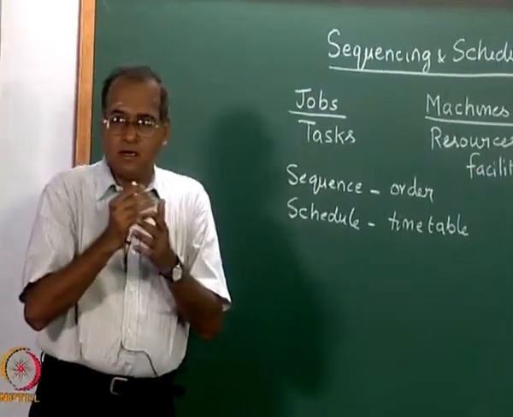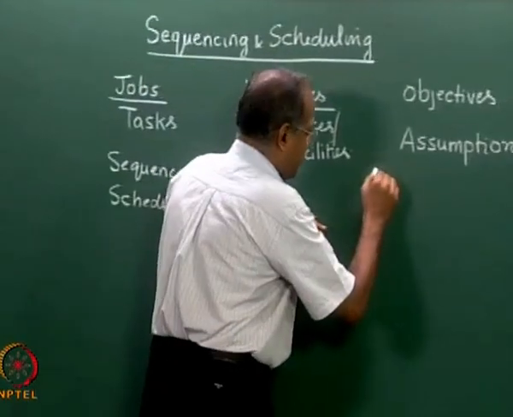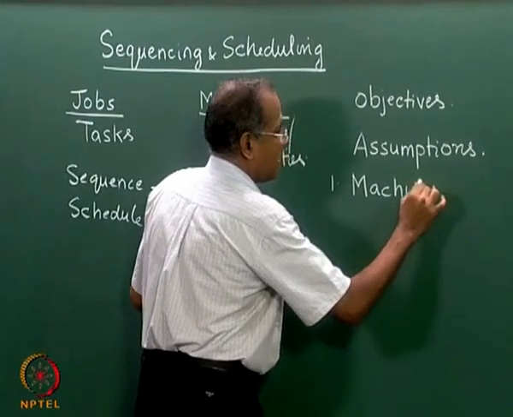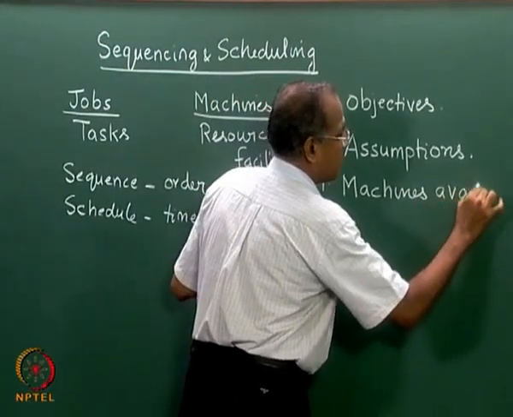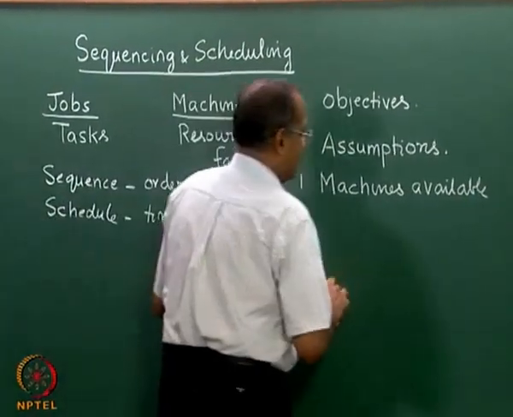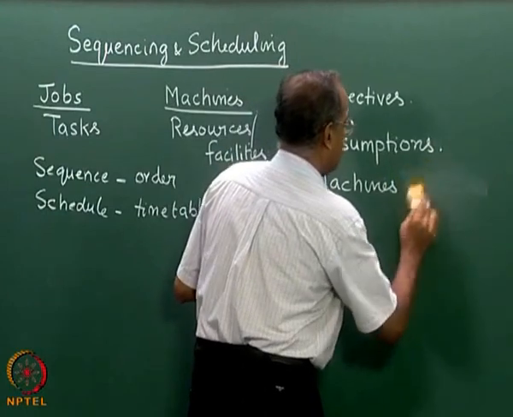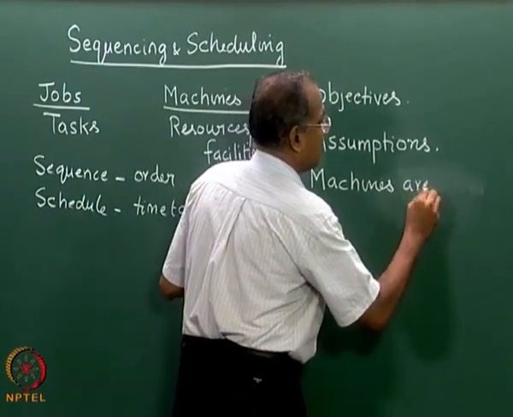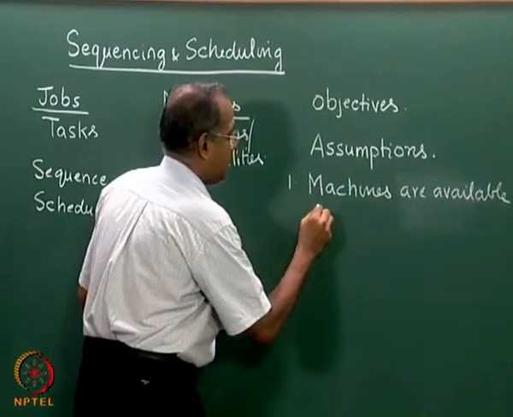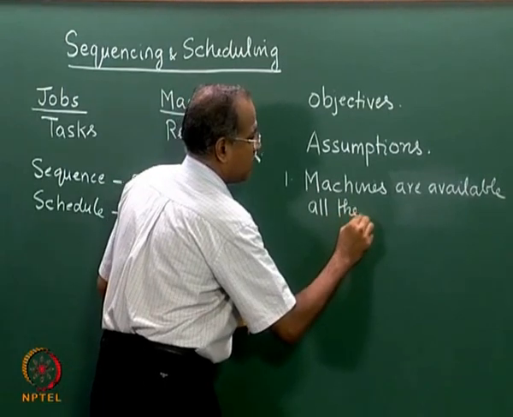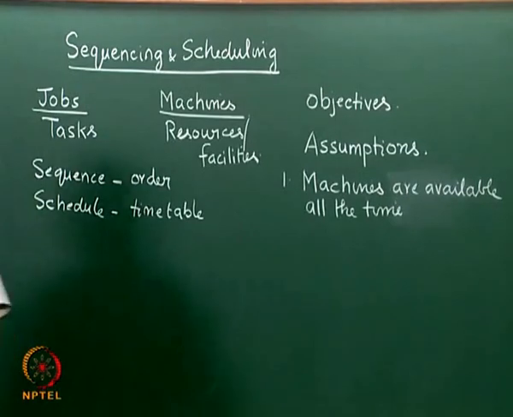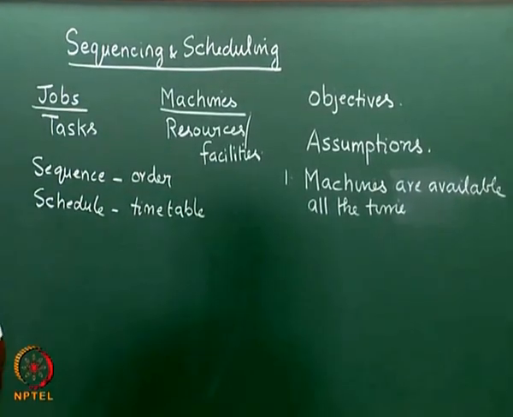The first assumption is that the given set of machines are all available continuously, all the time. There is no machine interruption or machine downtime or anything like that. Machines are available as they are.